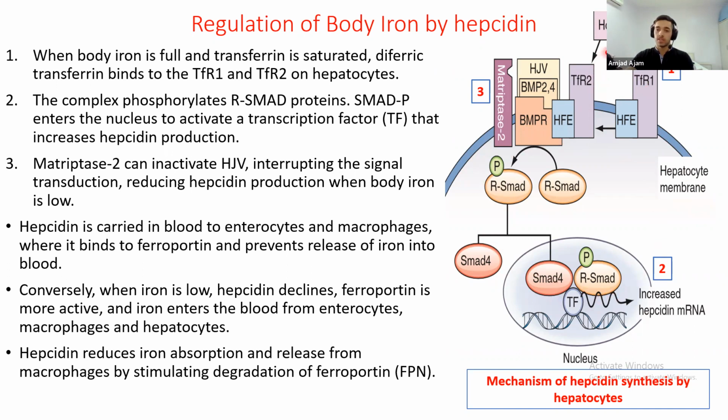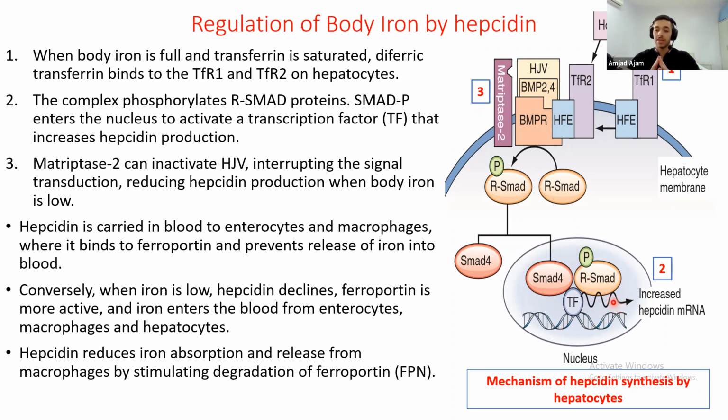When we have a holotransferrin, it will go to the hepatocyte. It will bind to TFR1, which is the transferrin receptor 1 and 2. When it binds to those receptors, it will activate this complex. When this complex is activated, the SMAD will be phosphorylated. When this SMAD is phosphorylated, it will go to the nucleus and enhance the transcription factor of hepcidin.